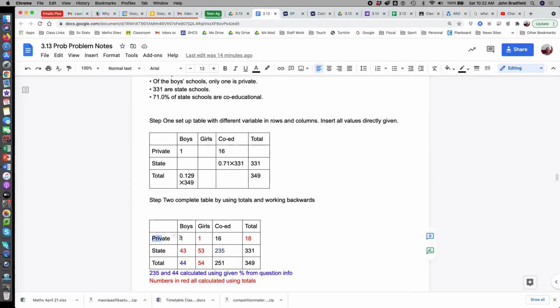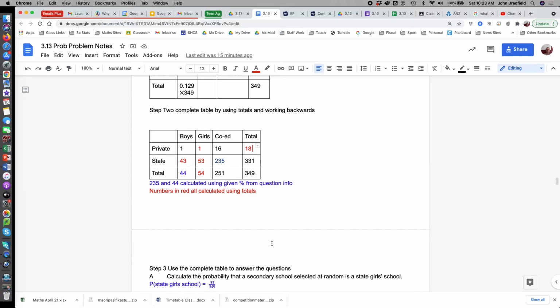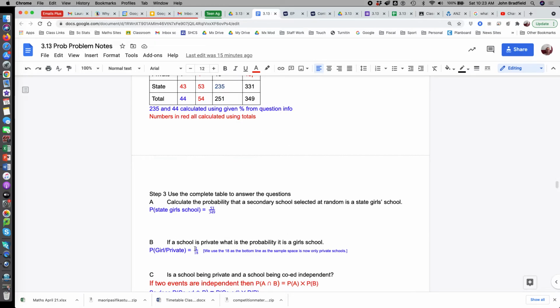The condition says when the school is private, so we're only looking at the top row. We're only looking at those 18 schools. So the condition is nice and tidy. How many of those are girls? 18 is going to be on the bottom line because that's our total in that case. So 1 girls' school out of a total of 18 private.